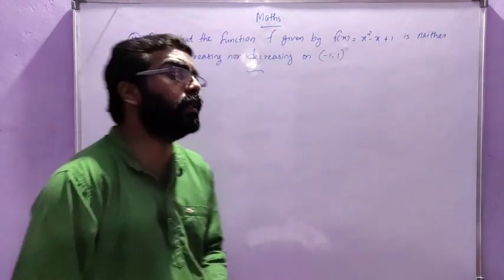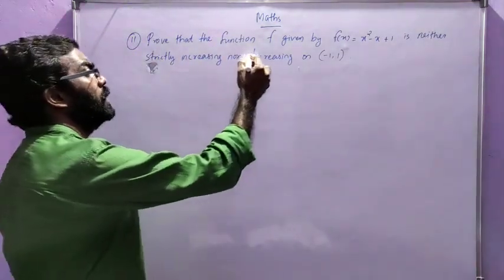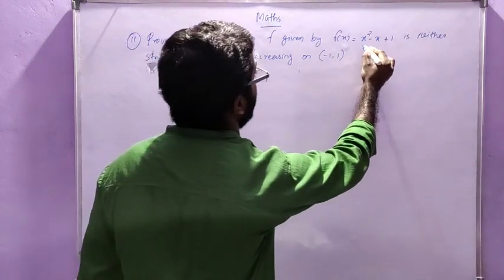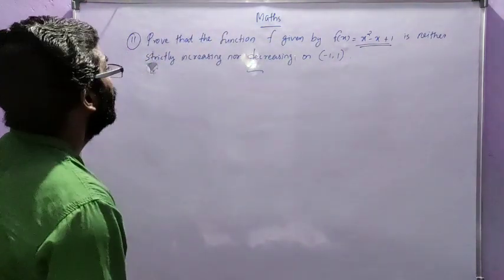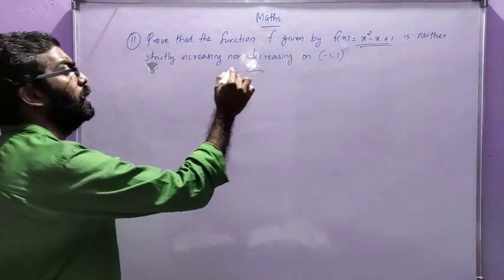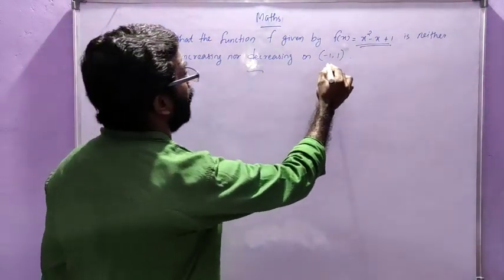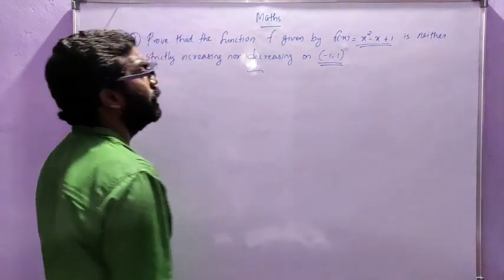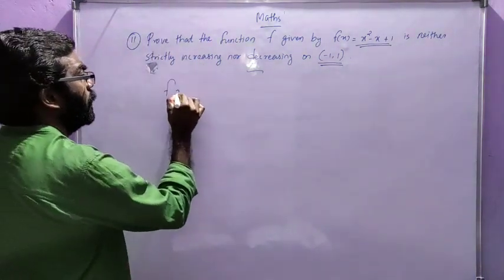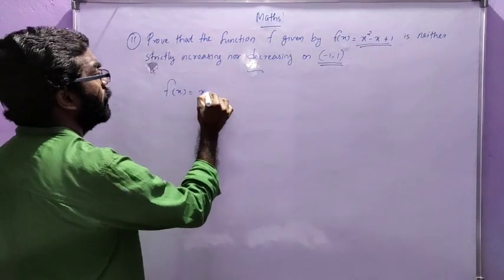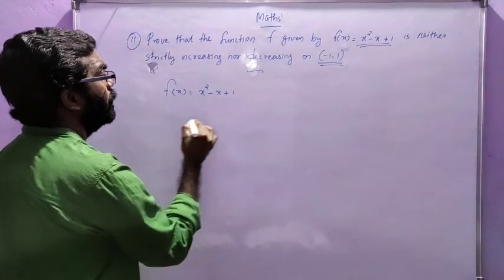So here the question is, prove that the function f given by f of x equal to x square minus x plus 1 is neither strictly increasing nor decreasing on open interval minus 1 comma 1. Okay, so we can take the function f of x is equal to x square minus x plus 1.